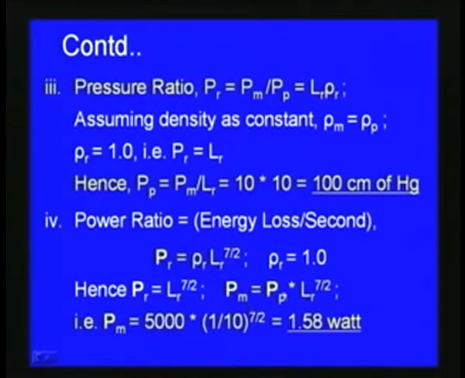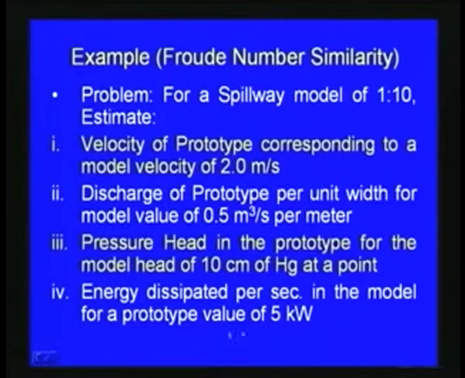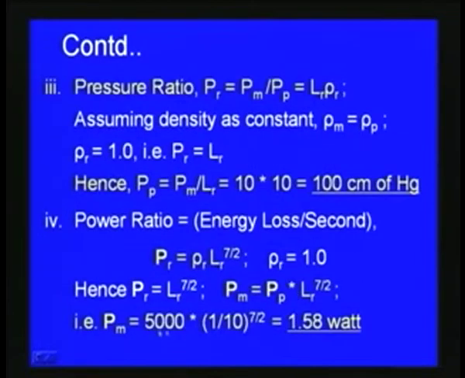So Pm is equal to Pp into Lr to the power 7/2. The power given in the prototype is 5 kilowatt, so 5000 into 1/10 to the power 7/2, which is about 1.58 watt.